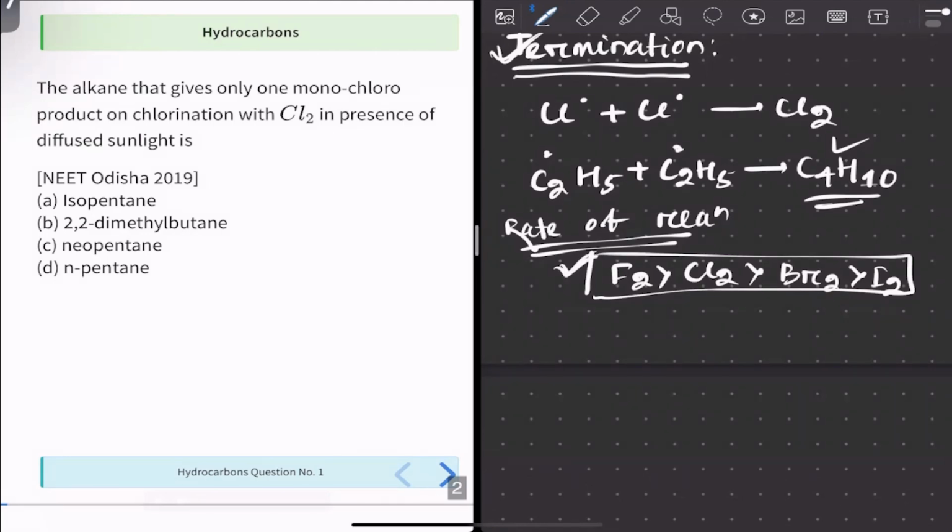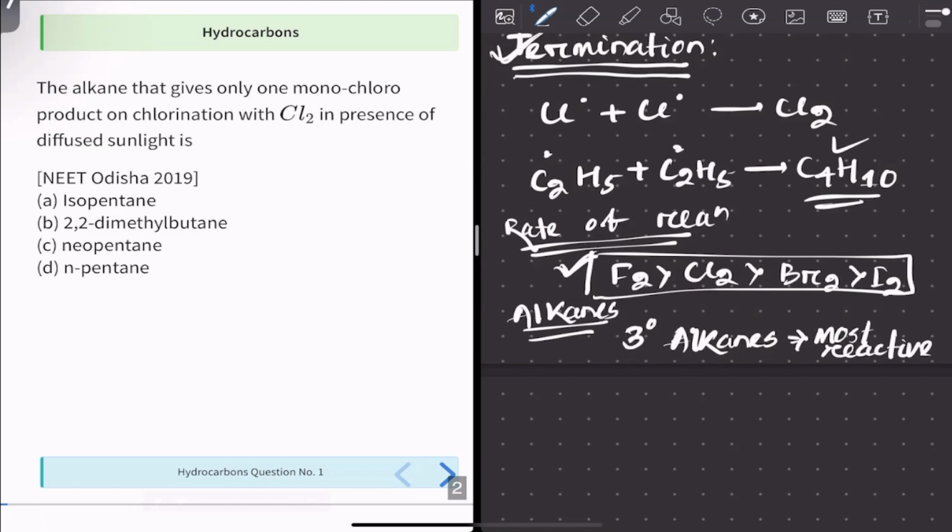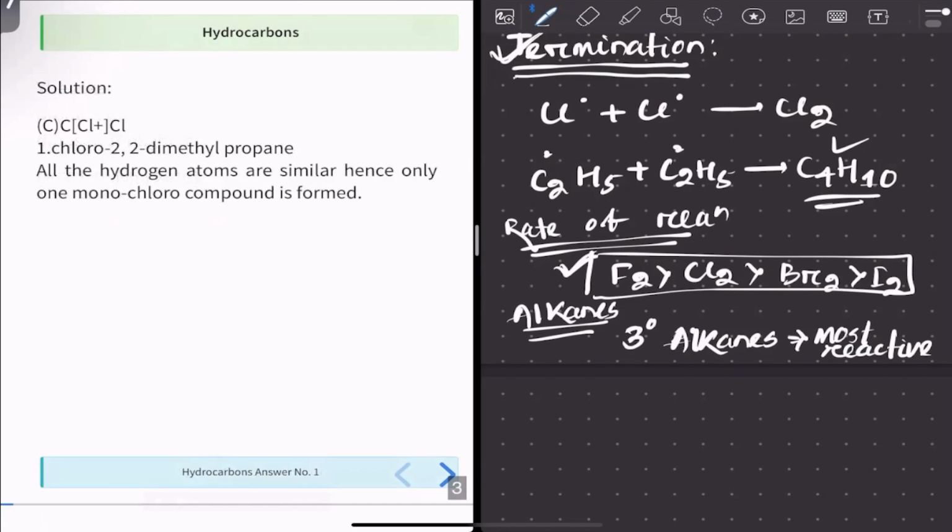And for alkanes, it is the tertiary alkanes that will be most reactive. Okay. So question number one, the answer will be option C.